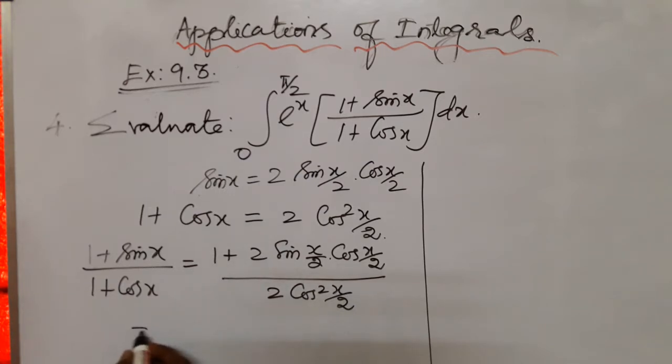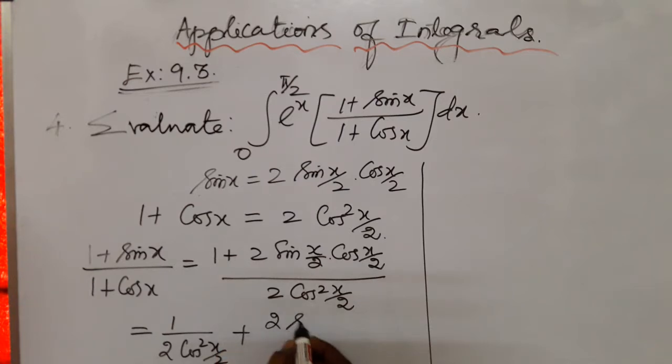So that is written, splitting into two terms, as 1 by 2 cos square x by 2 plus 2 sin x by 2 into cos x by 2 divided by 2 cos square x by 2. So what will happen? The 2 you can cancel, and cos x by 2 cancels.